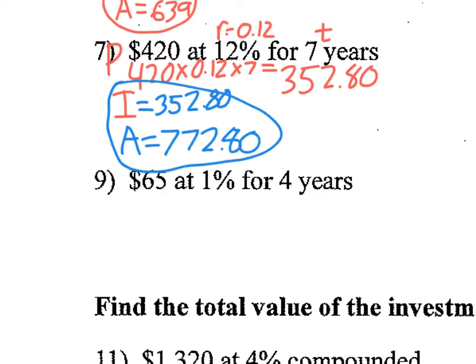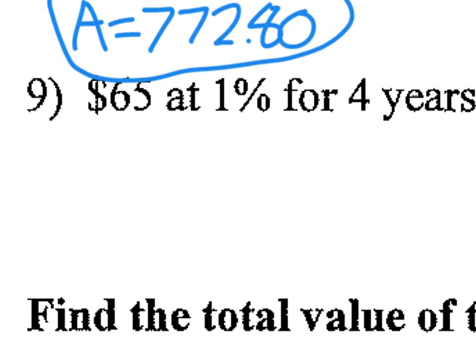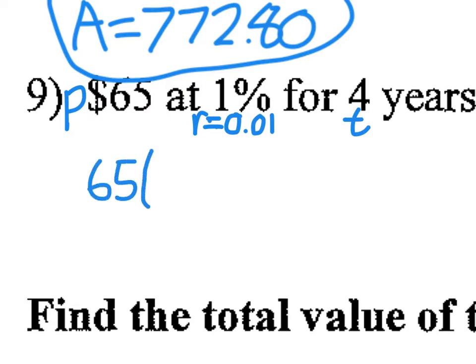Last one of the simple interest ones. So here is our principal. Here is our rate, but it's going to be 0.01. Those are supposed to be equal signs right there. And then here's our time of 4 years. So I equals PRT. So 65 is our principal, times our rate, 0.01, and times our number of years, 4 years.